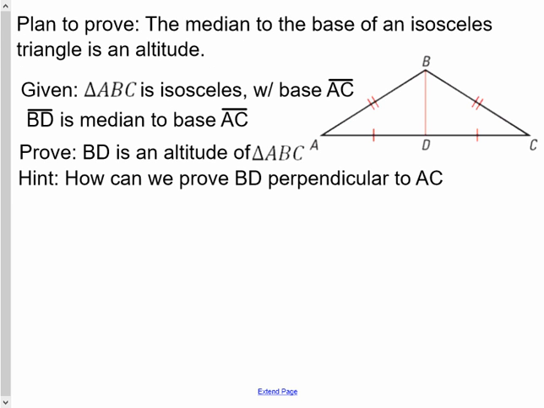So how can we prove this? And again, we're going to take one of those pieces and then prove another. So starting off, plan to prove the median to the base of an isosceles triangle is an altitude. So we're assuming median and we're proving altitude.